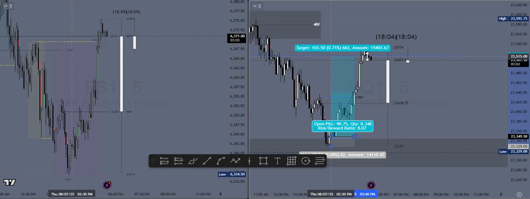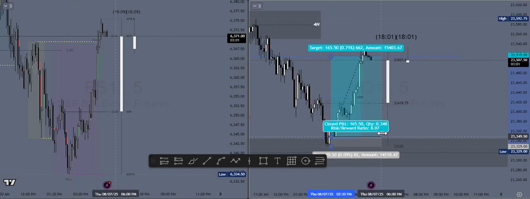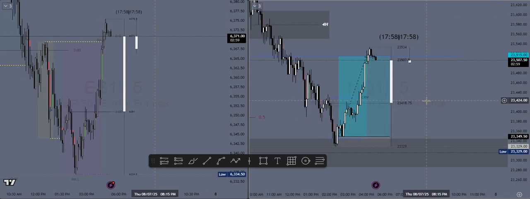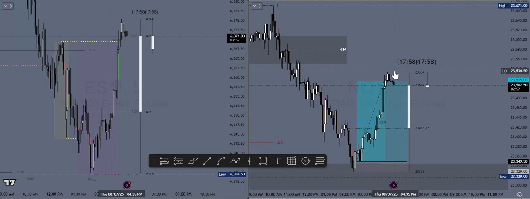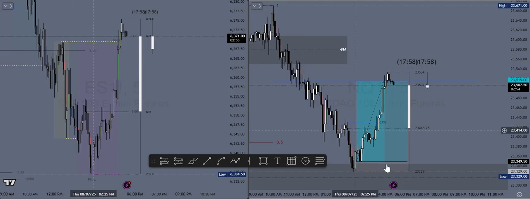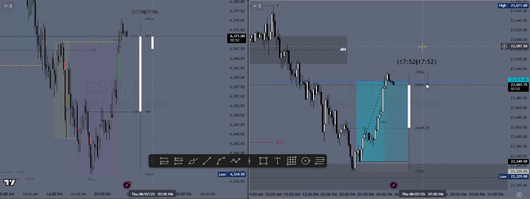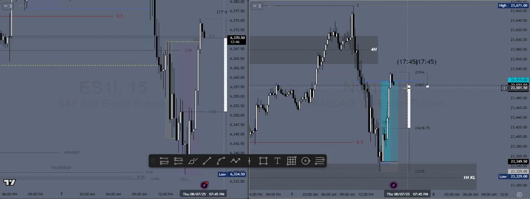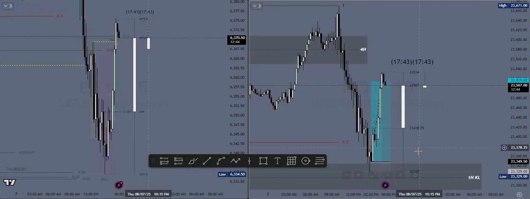So can't really complain on that. If you guys wanted to 2x everything, you would have targeted your PD array or back into equilibrium of this entire range. So pretty small 10-minute, maybe 11-minute trade, if I want to see if I can get anything else into this.